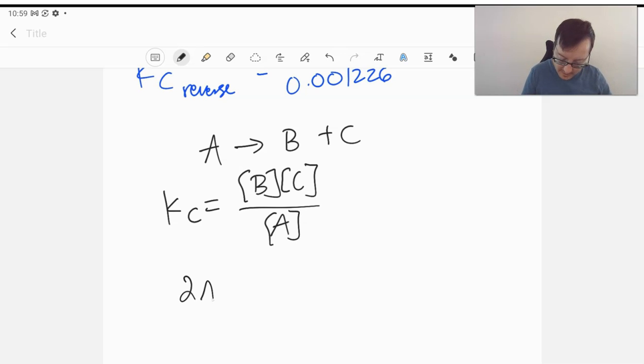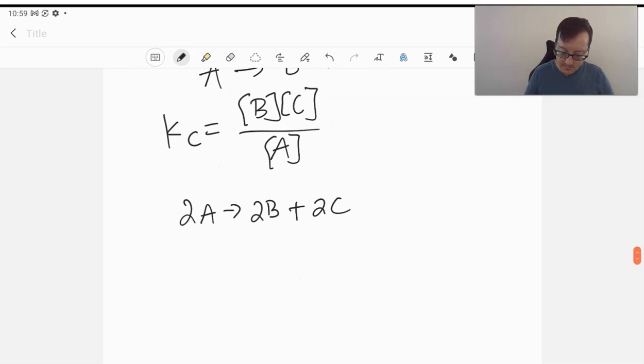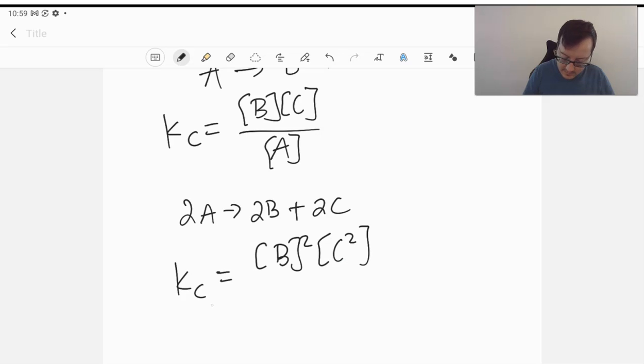So let's say, what about 2A to 2B plus 2C? Not a problem. For this, our new reaction would be B squared, C squared over A squared. I'm going to say again 1 and 2 just so we have something to compare.